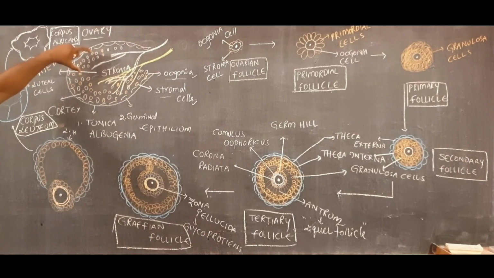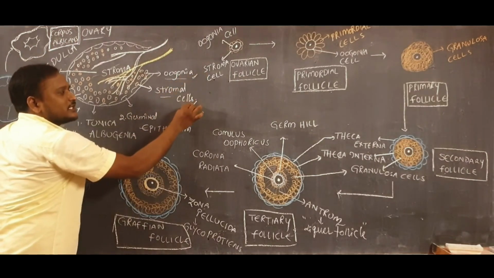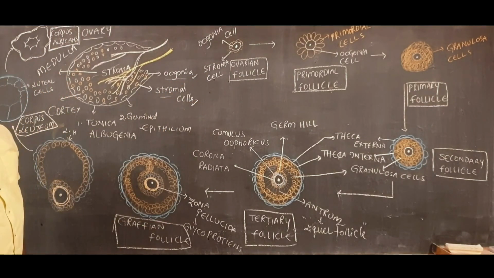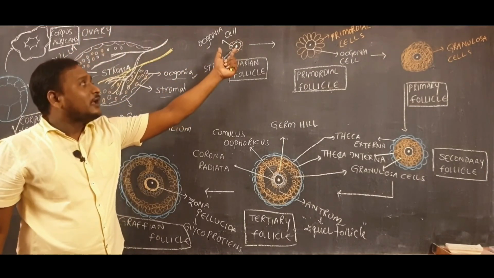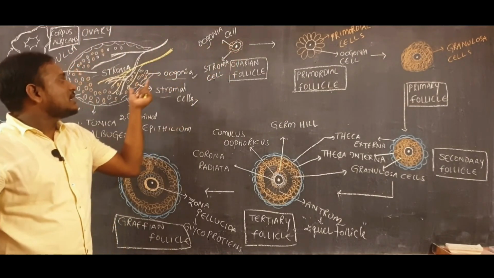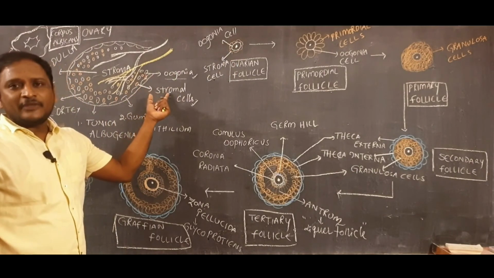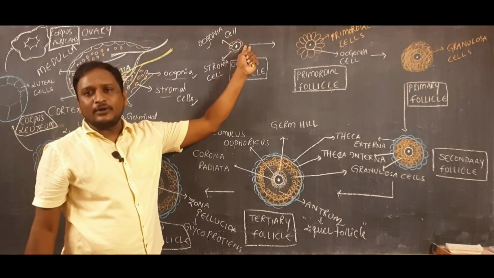Observe here, when we observe the ovary, there are two types of cells present. One is oogonia cells and second one stroma cells. When the oogonia cells are getting specialized, that oogonia cell will be surrounded by the stroma cells. That stroma cell surrounds the oogonia cell.